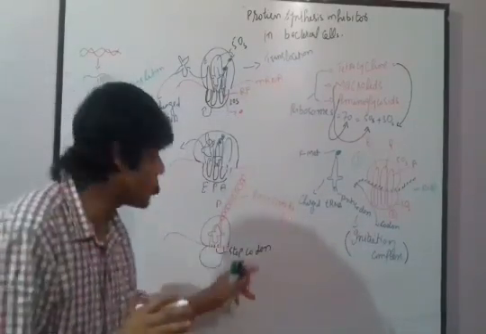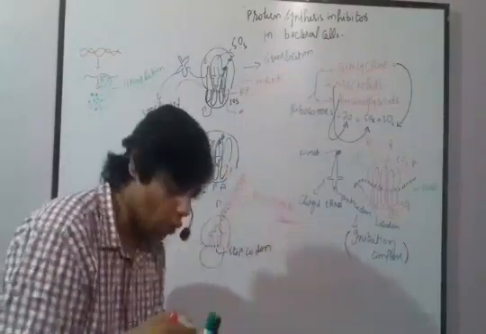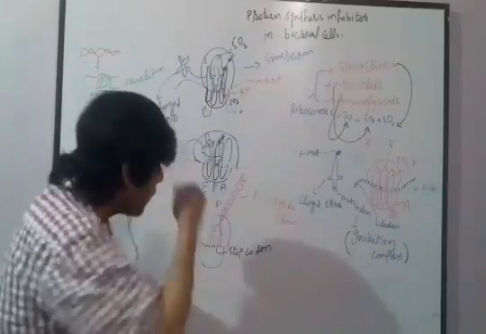Finally, a polypeptide chain is formed because a lot of amino acids are binding and they make a very long chain. We call that a polypeptide chain.